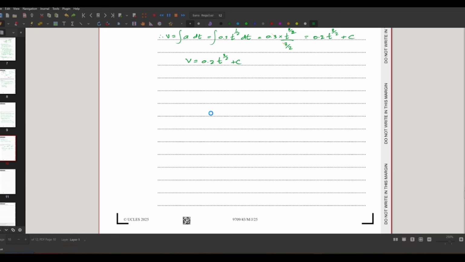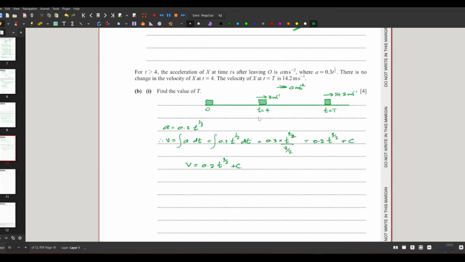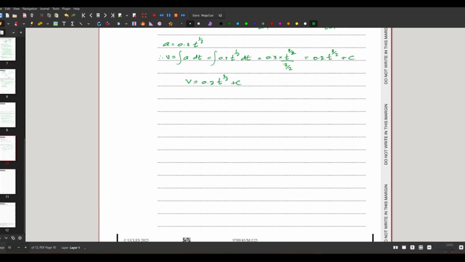So now we should find C, and we know t equals 4, the velocity is 3. So we can use that one to find the value of C. So I can write at t equals 4, V equals 3.